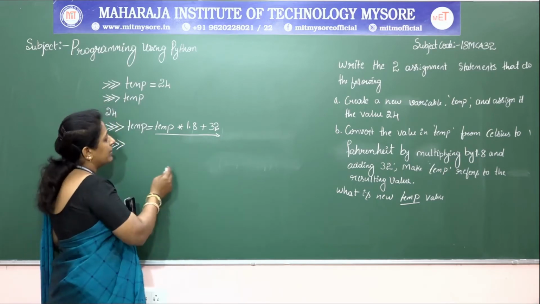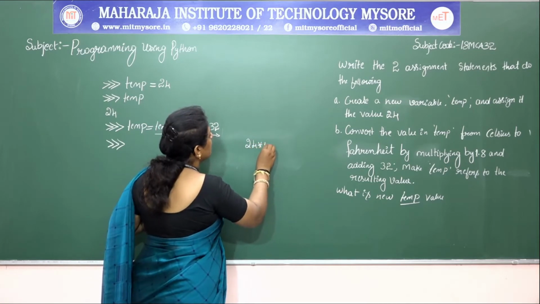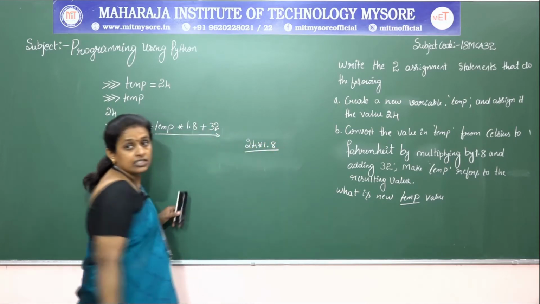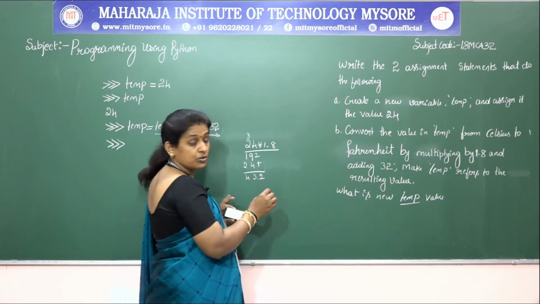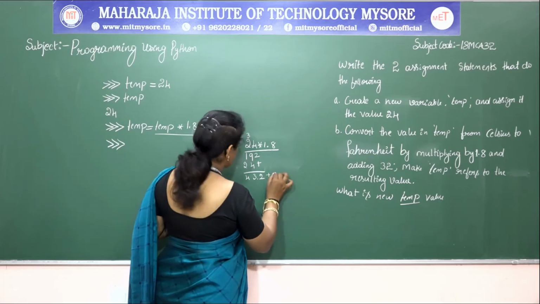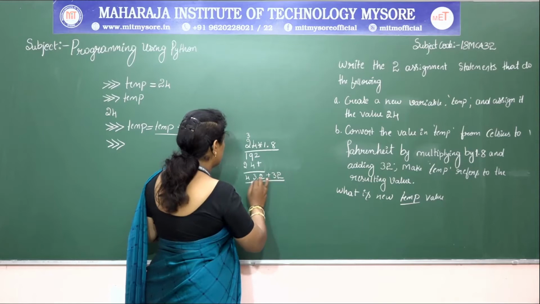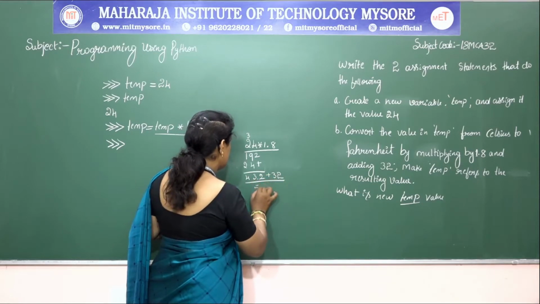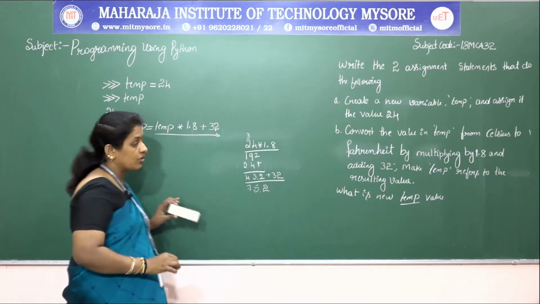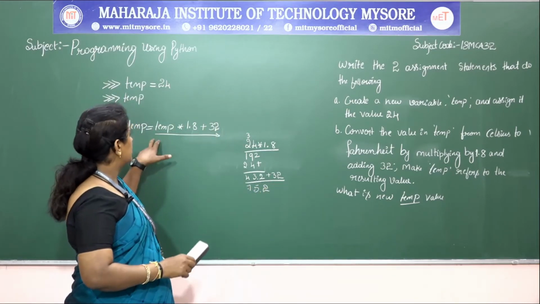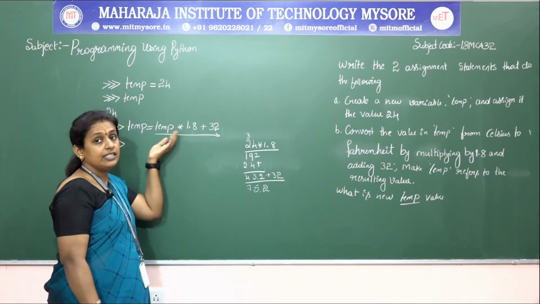The value of temp is 24, multiplied by 1.8, giving 43.2. Then 43.2 plus 32 gives 75.2.